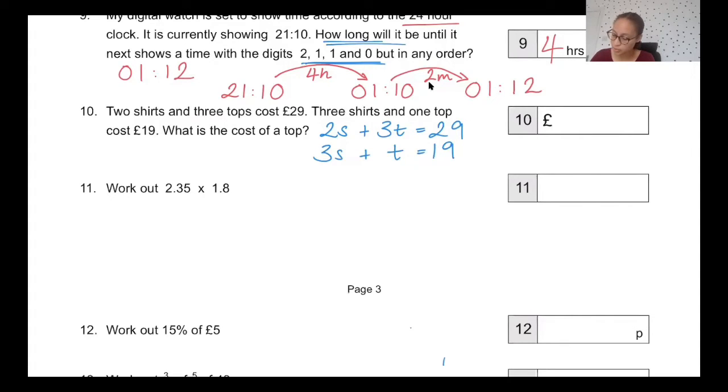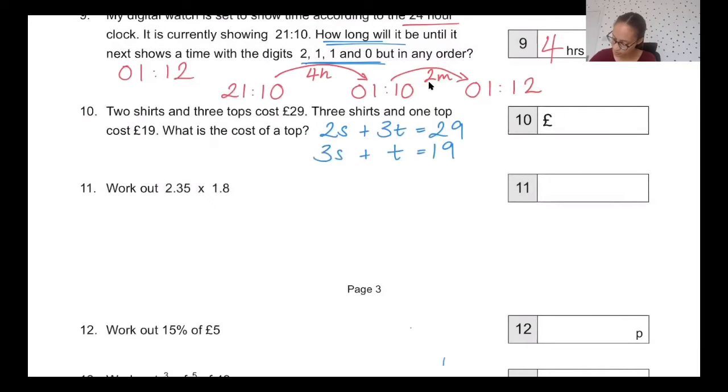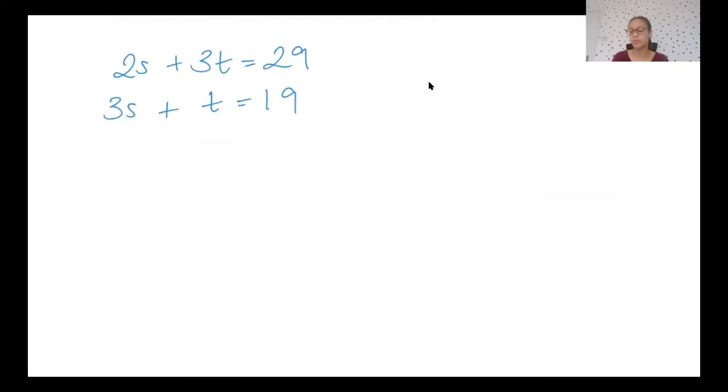I could do with a little more room to figure this out. 2 shirts and 3 tops equals 29. 3 shirts plus the top equals 19. That's right, isn't it? Yeah. Okay. I'm going to multiply the second equation by 3 so that I have the same number of tops in this equation and in this one.